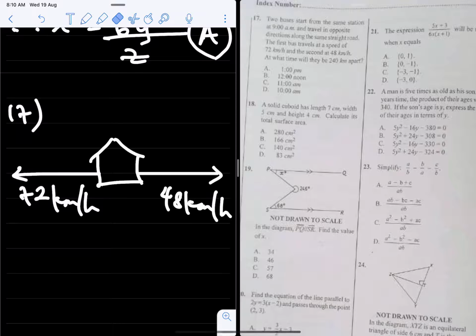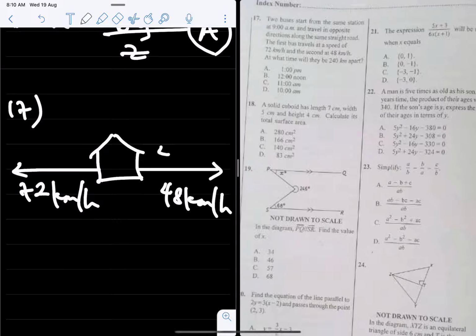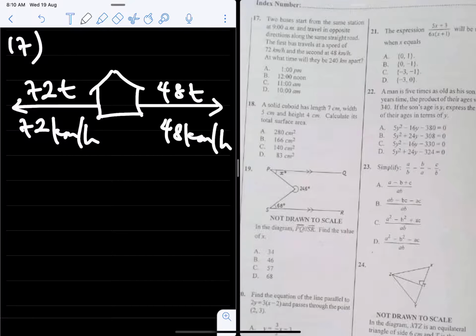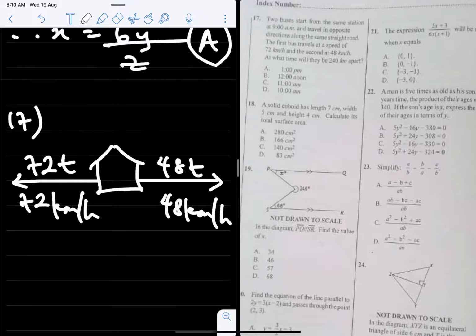So what that simply means is that distance at every instance is 48t for the bus moving in the positive direction, and distance at every instance for the second bus, which is the one moving in the negative direction, is 72t. So at what time would those two distances be 240 kilometers apart?